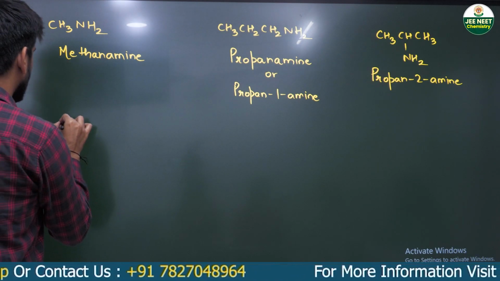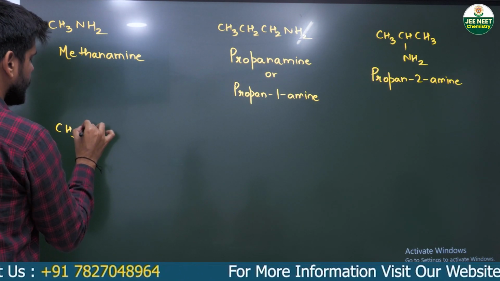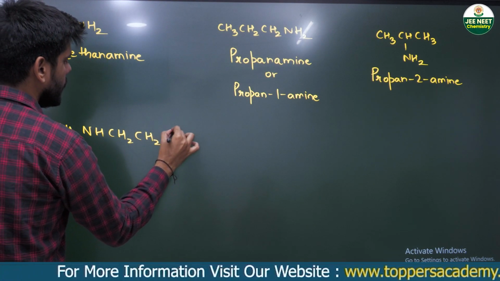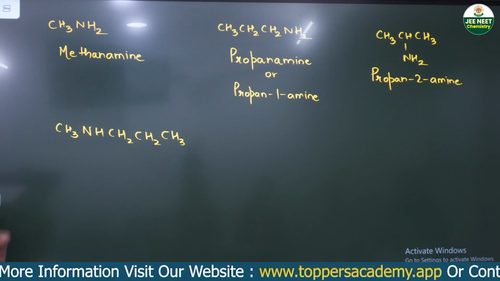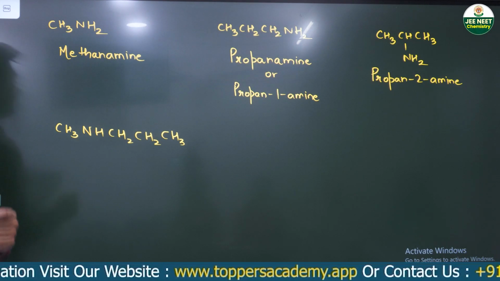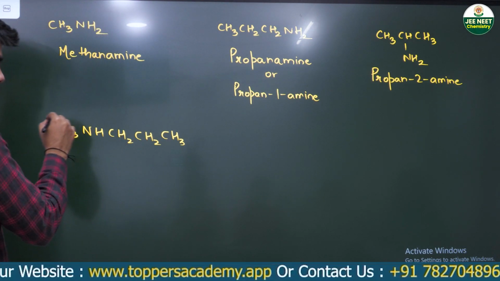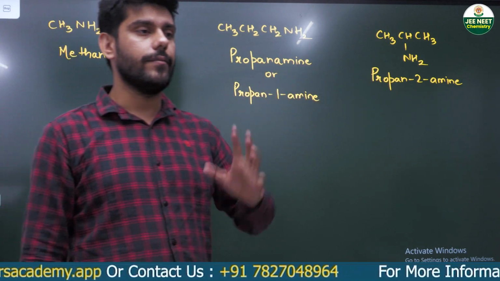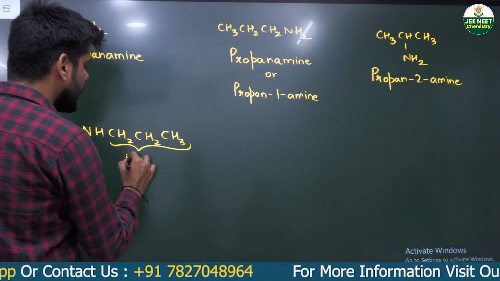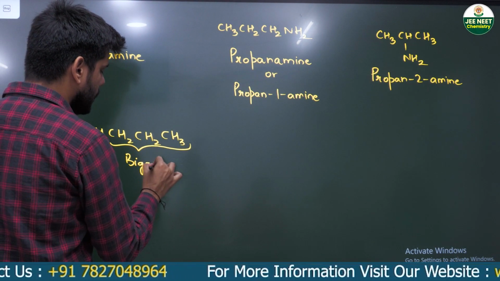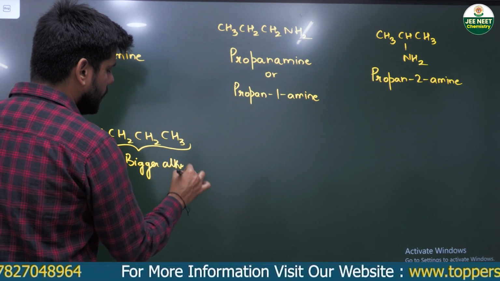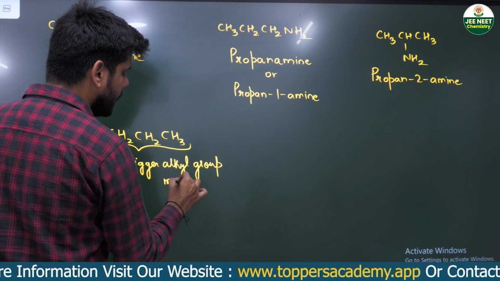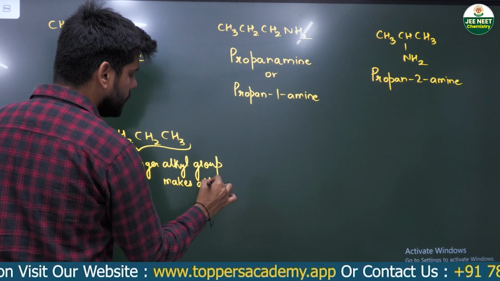Alright. What if I have this, CH3NHCH2CH2CH3? First of all, tell me, is this your 1 degree, 2 degree or 3 degree amine? 2 degree amine, very good. Now the bigger alkyl group makes the alkanamine.